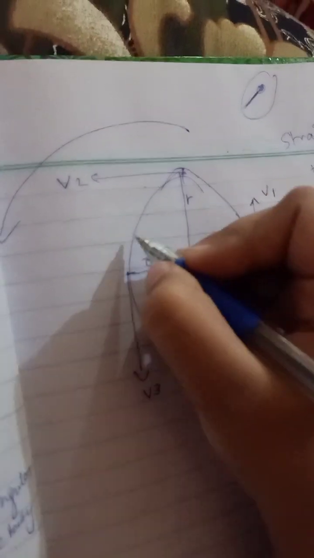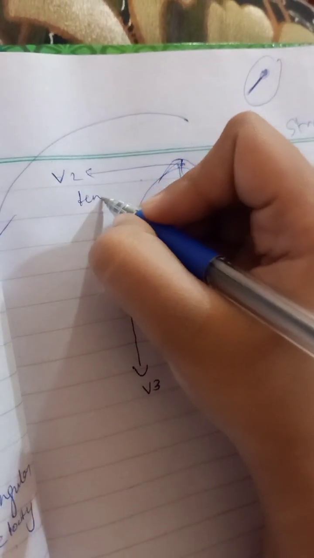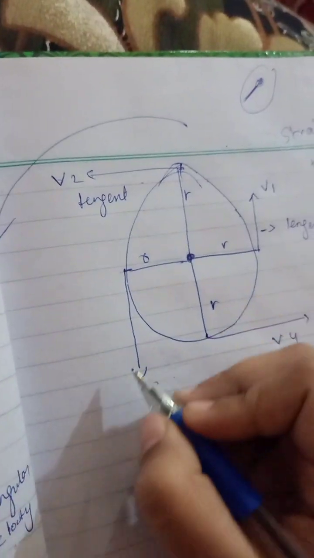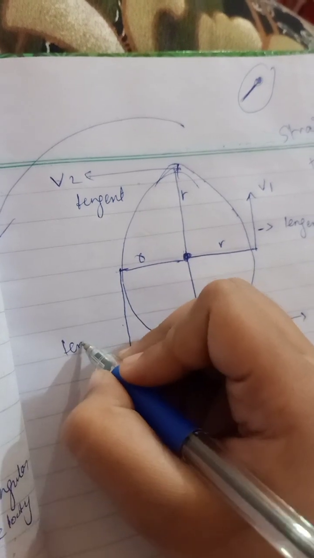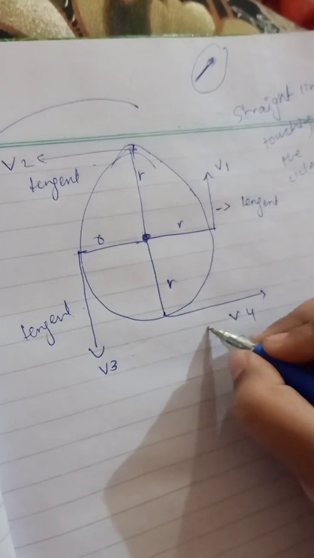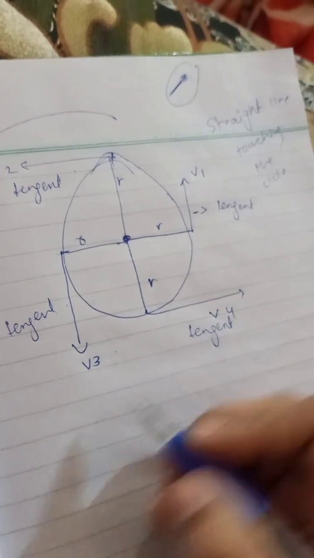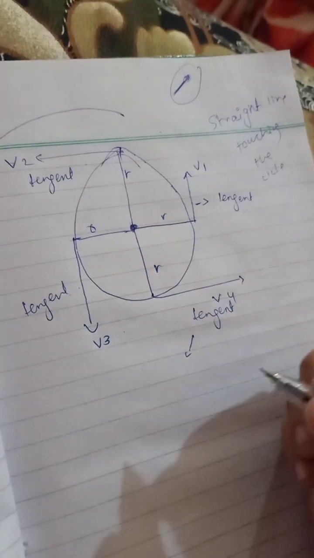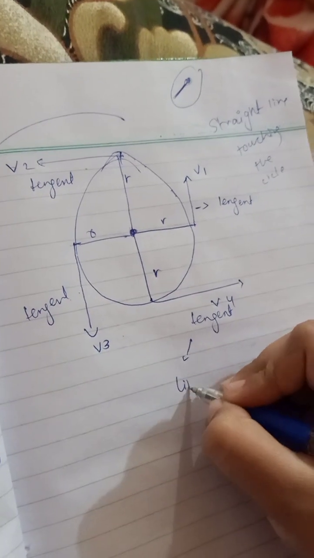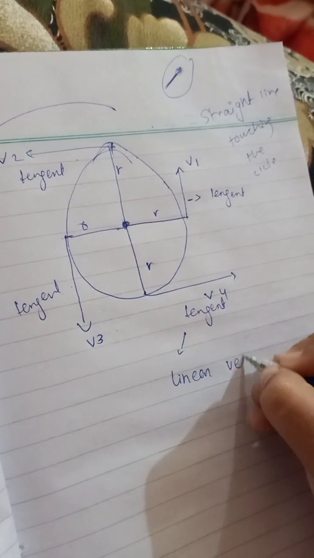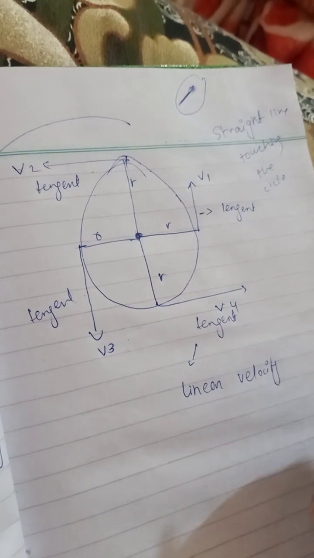We can say it is a tangent, because this line is also touching a circle, and they are moving with what? Linear velocity. So I can say that the tangent velocity is also called the linear velocity. So I can write a formula here.